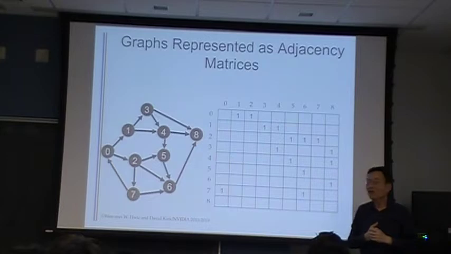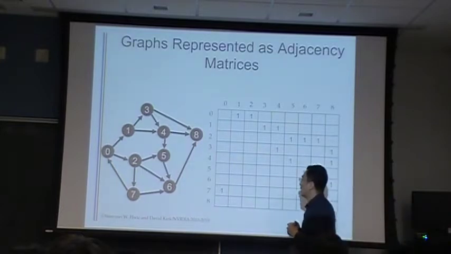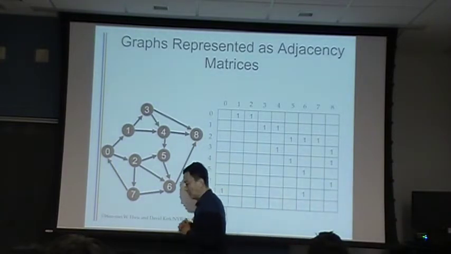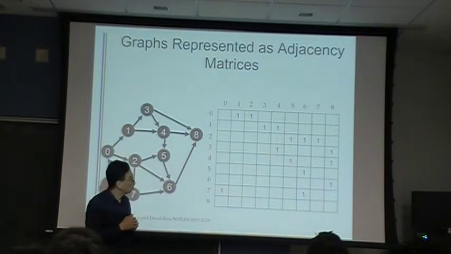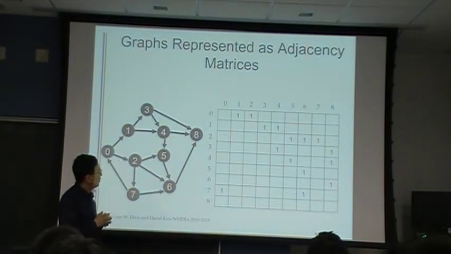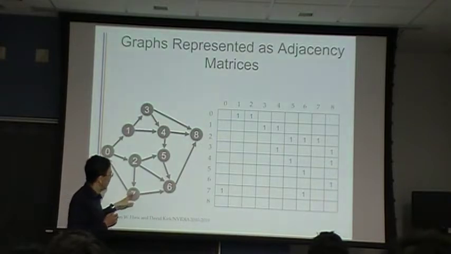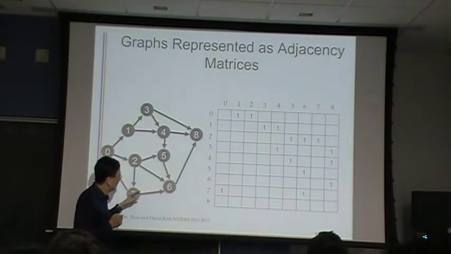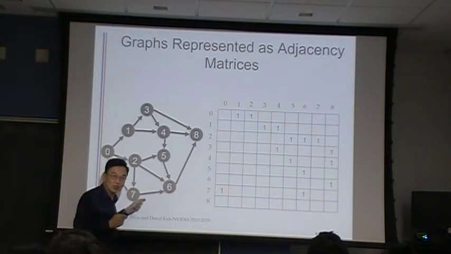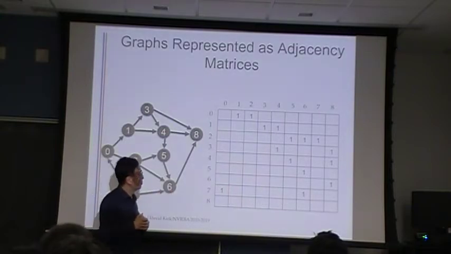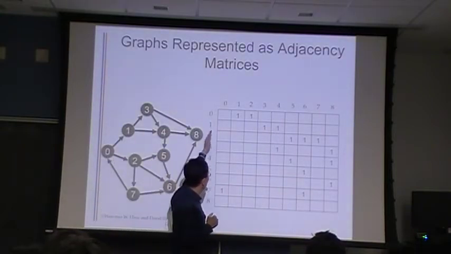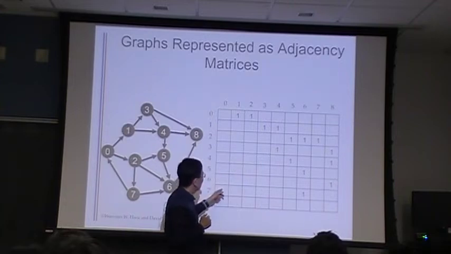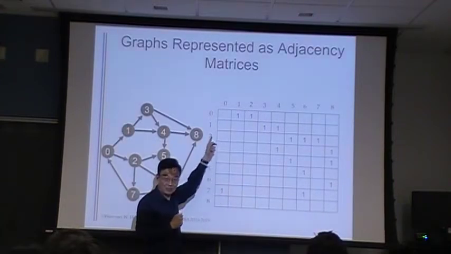edges, right? So the question is, how do we represent something like this efficiently? If we only want to be able to go from one node to another node through a directed edge, then all we have to do is to represent, for all the nodes, the places that you can go from this node to the next, right?